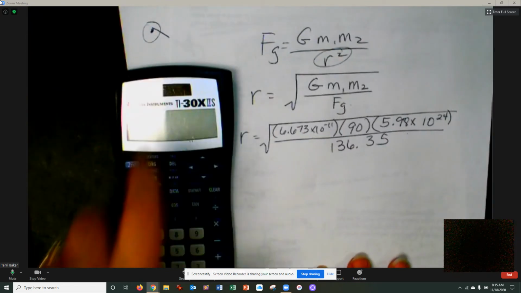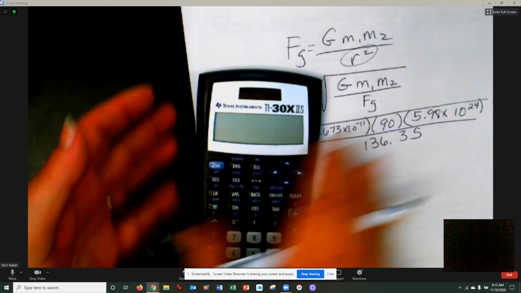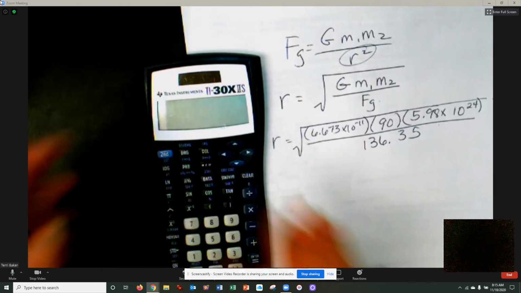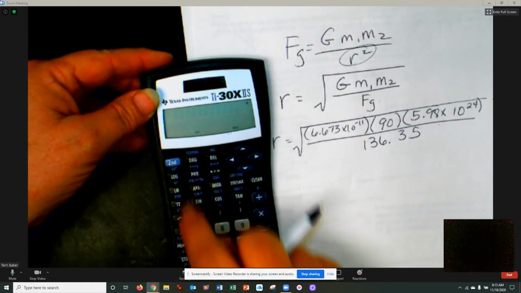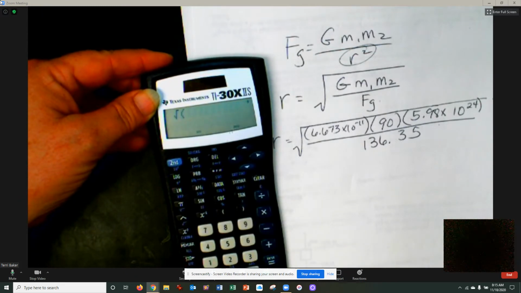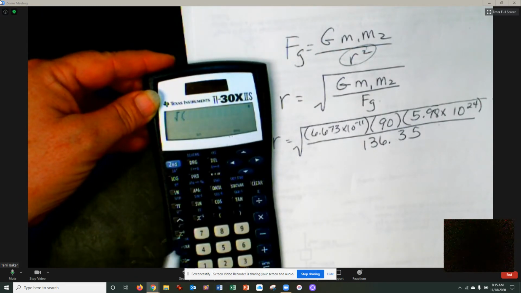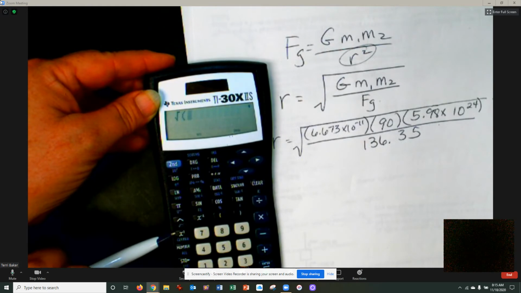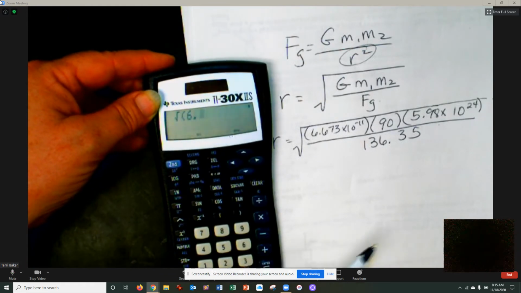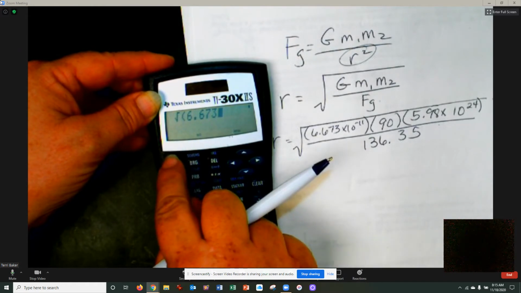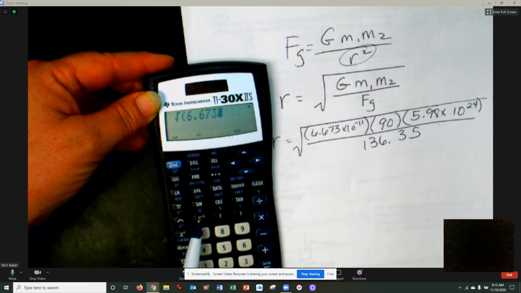So this time I'm going to use a regular calculator. So solve for R. R equals square root, I hit second and I hit the x squared because it gives me the square root. 6.673. To do exponents here, you go second, and you hit the EE here.